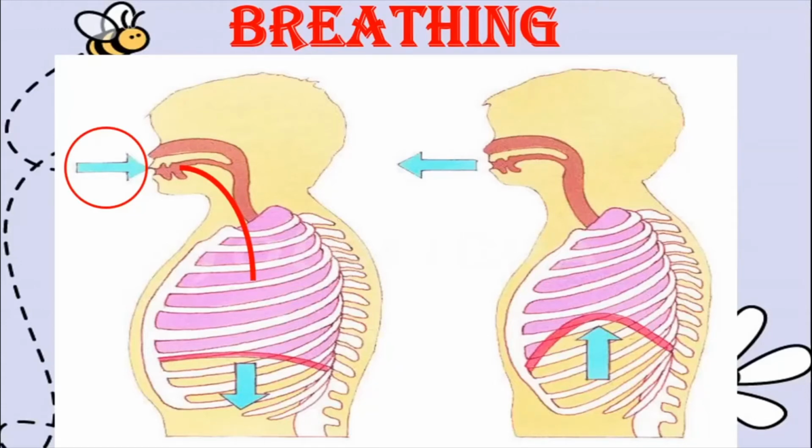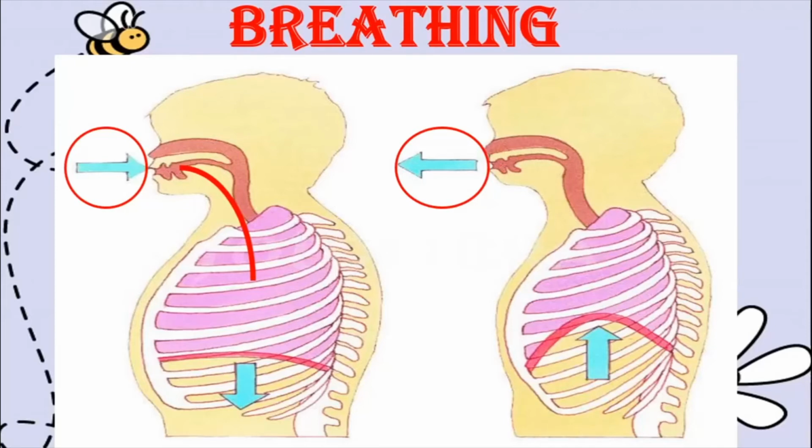So when you breathe in, the air enters your body through your nose and then it enters your lungs, and there certain things happen, that is the oxygen from the air is taken in and then breathing out happens. Can you see? Now the arrow is facing outwards. So what happens now here?